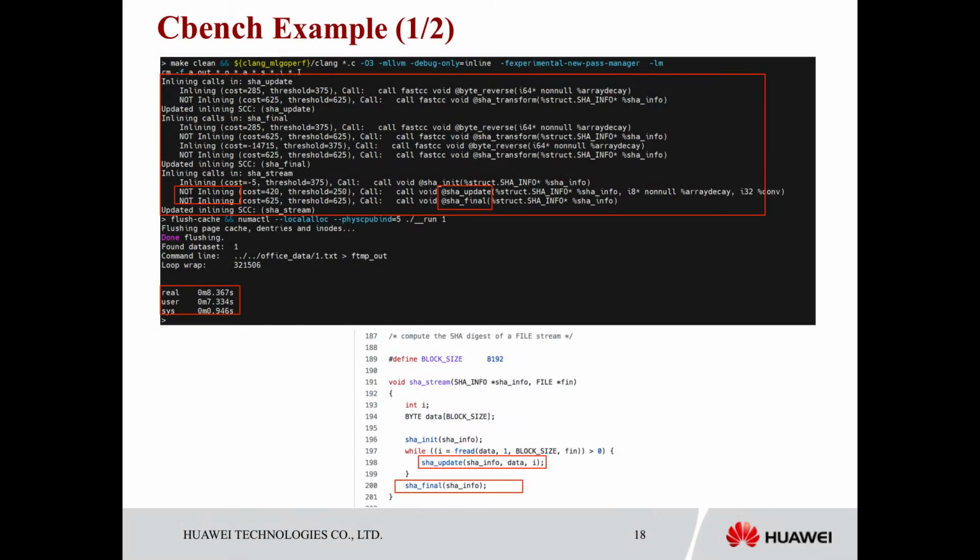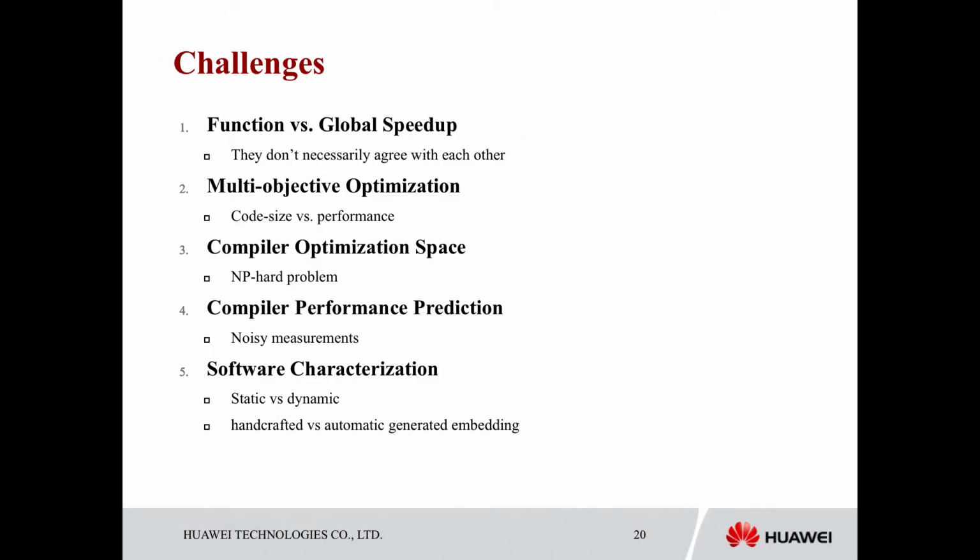So there is this multi-objective aspect, code size versus performance, especially in the embedded domain, that we need to take into account. Several other papers have done Pareto optimality analysis and other approaches to take into account multiple objectives. But I just wanted to show that this is also an open question that we can target.